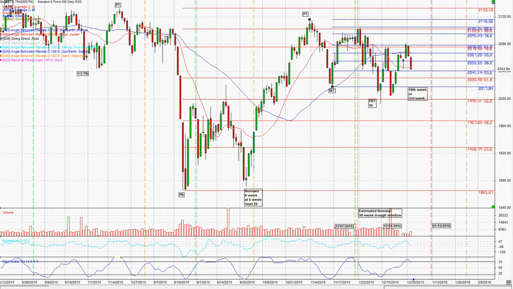The same is true with the red lines, although they're just longer term, the vertical red lines. These are a move down from July 20th to the low on August 24th.